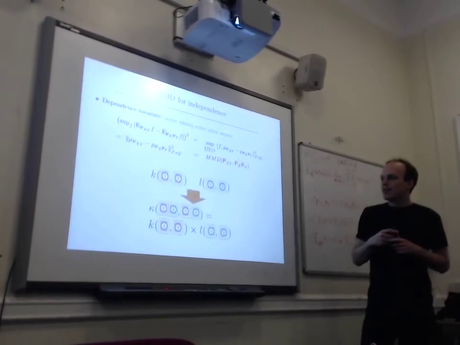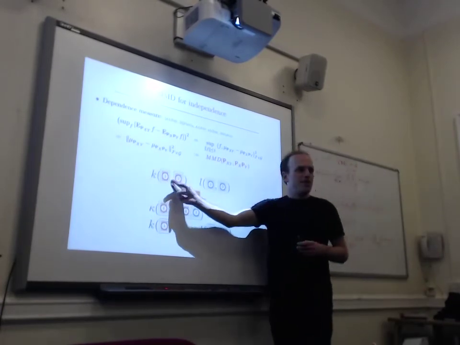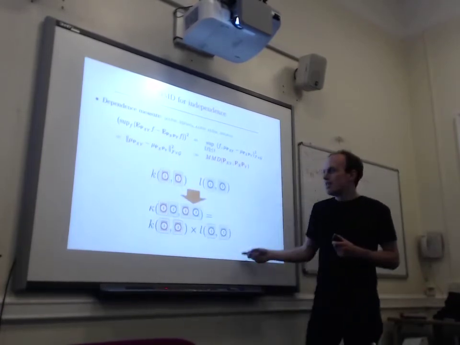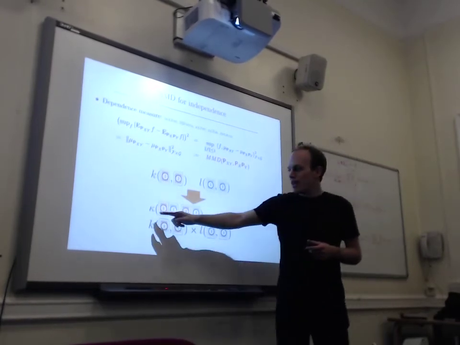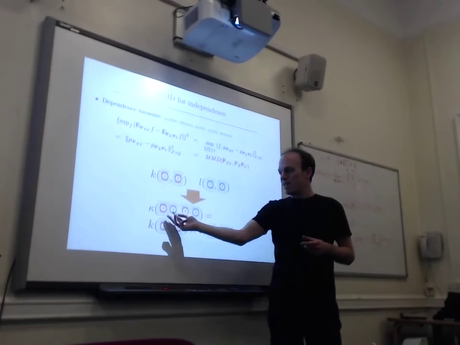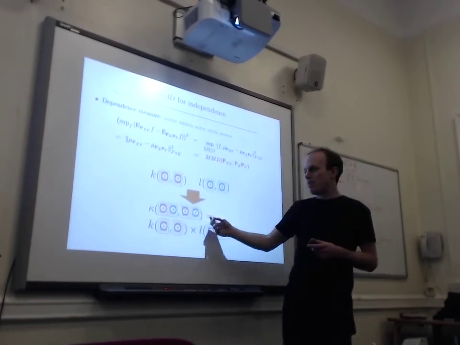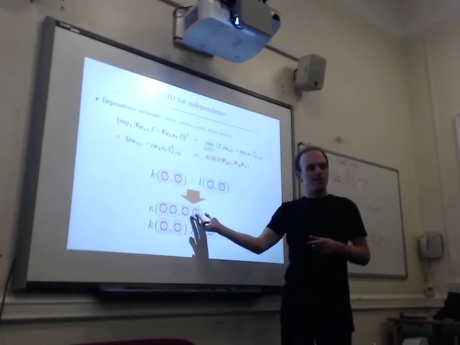So here is one solution. Let's say this is my kernel on a pair of images, and this is my kernel on a pair of captions. And I want to define a kernel on one pair of images and captions and another pair of images and captions. So I want to say, is this image caption pair similar to this image caption pair?